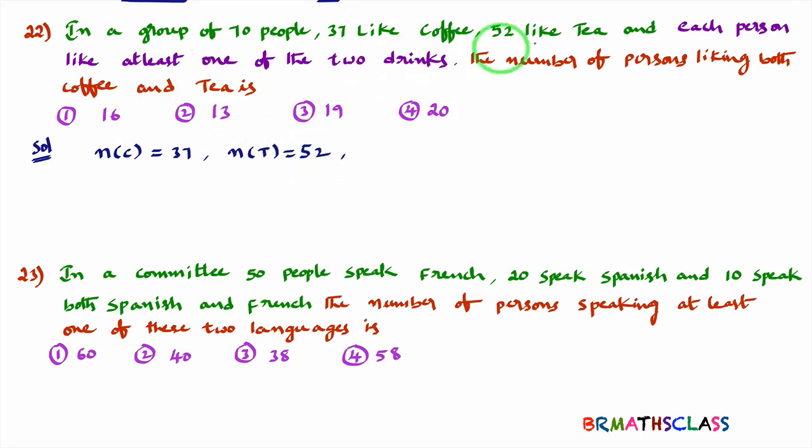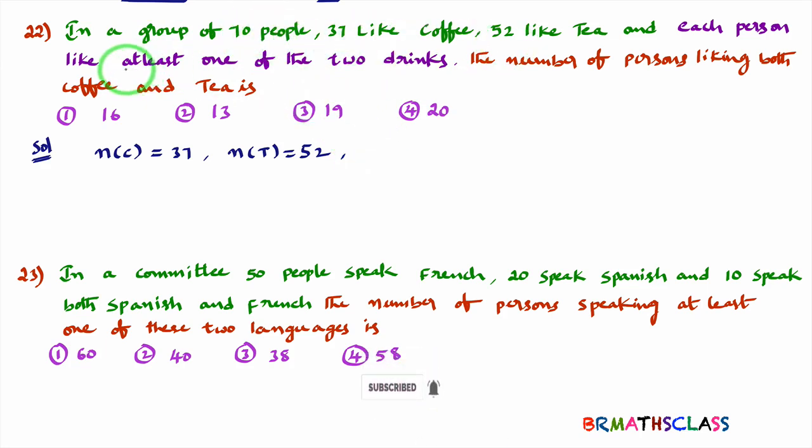And here this is important information. Once you understand this information, this question is nothing to you. Each person means what? In this group 70 people are there. In those 70 people, each person likes at least one of two drinks. That means there is no person who drinks neither coffee nor tea.